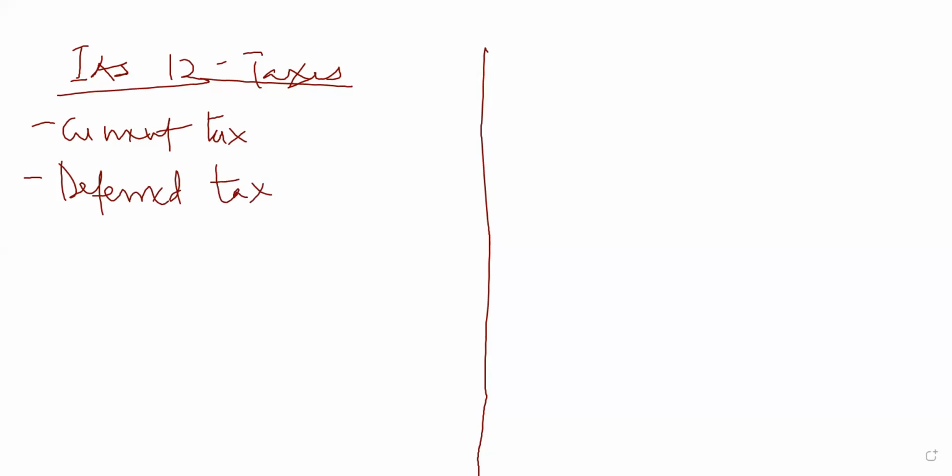Under the current tax, we spoke last time about under provision and over provision. So we still take the under provision and then the over provision.